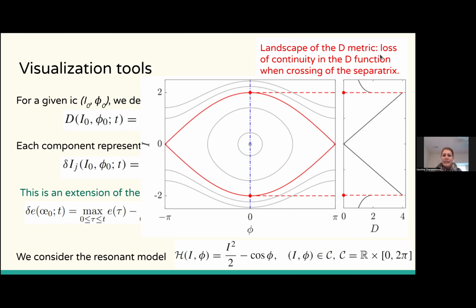So there is a sudden loss of the continuity of the D function when we cross the separatrix, and of course, D is not differentiable at E equal to 0, and of course not at the separatrix because it's not even a continuous function. And this, of course, is symmetric for the negative values of the action.